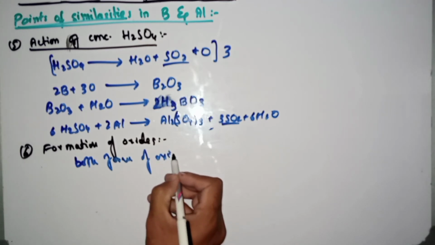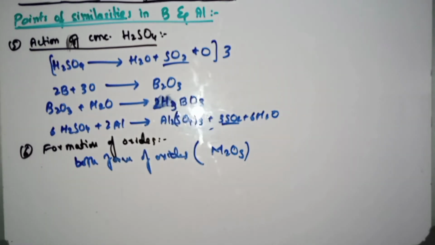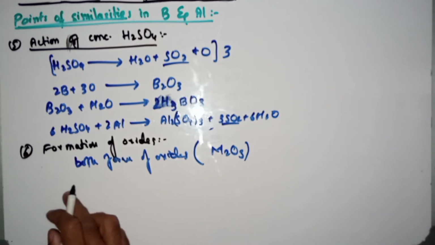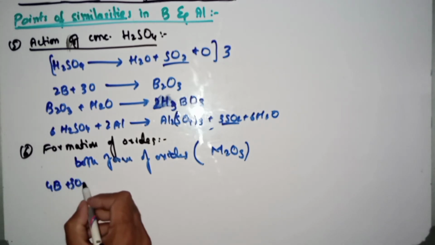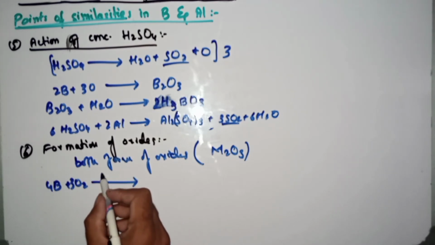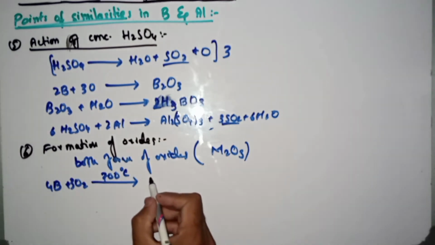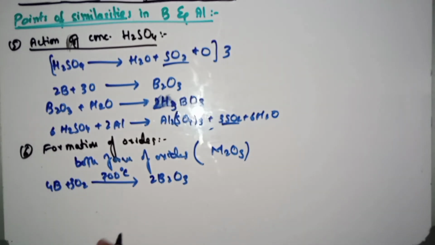Both form oxides like M2O3 when heated in an atmosphere of oxygen at high temperature. For example, boron, when heated in atmospheric oxygen up to 700 degrees centigrade, generates 2B2O3, that is boric anhydride or boric oxide.